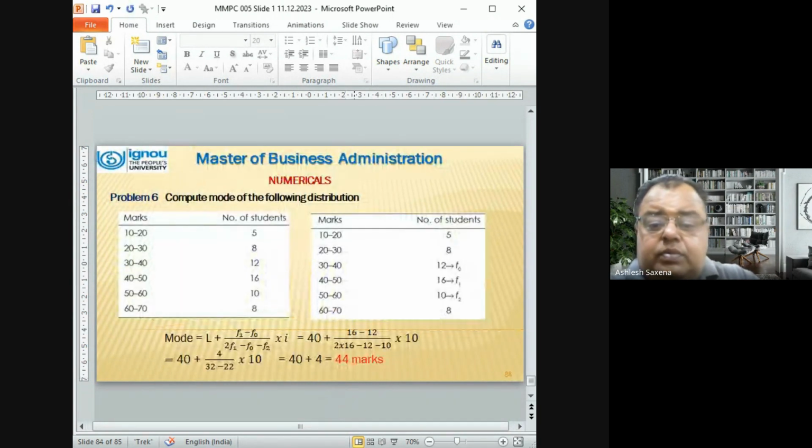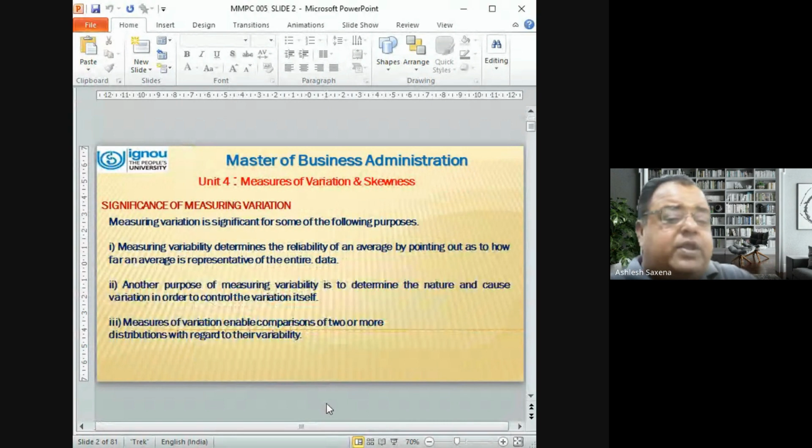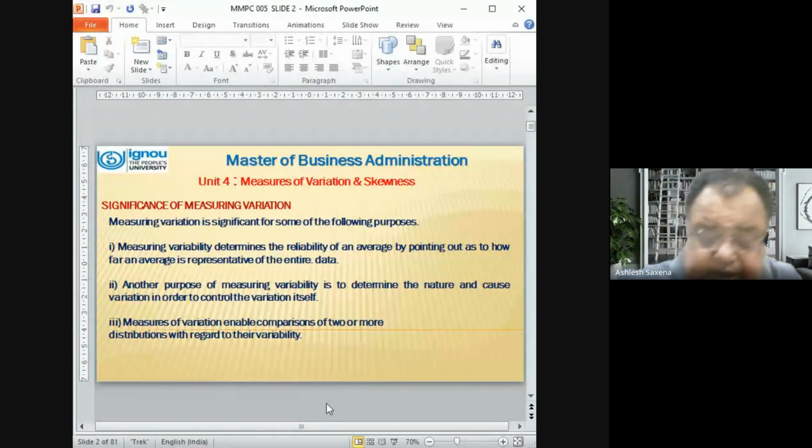Now we will move to unit 4. Unit 4 is measures of variation and skewness.